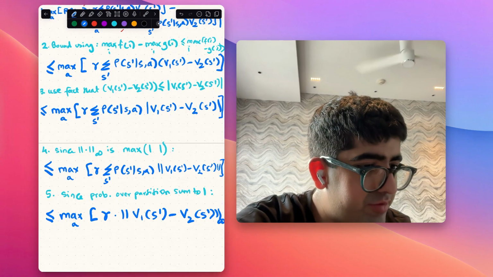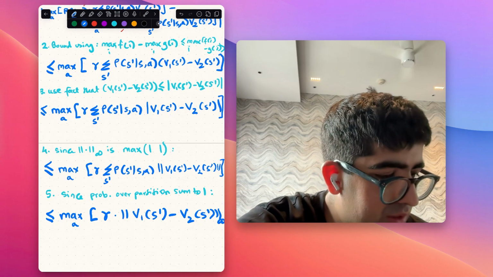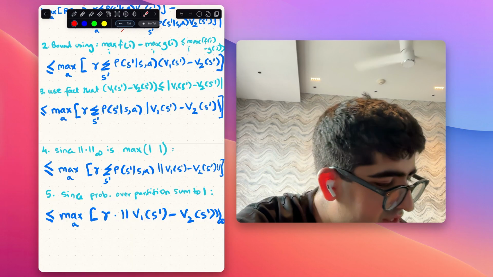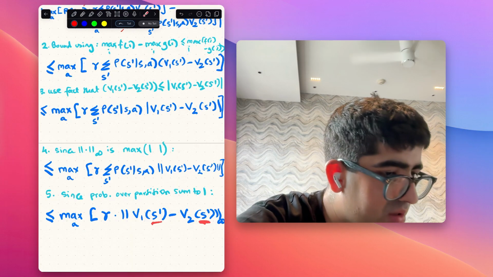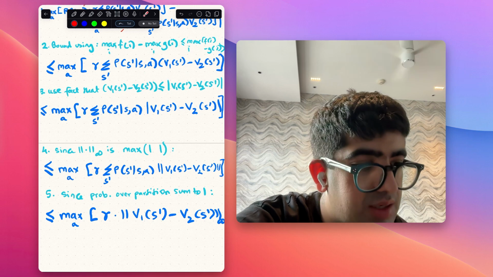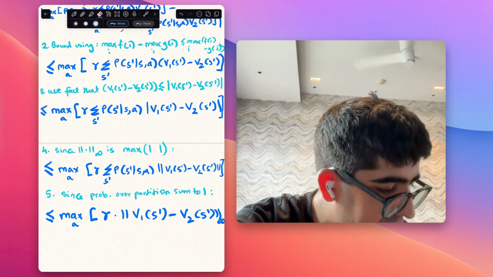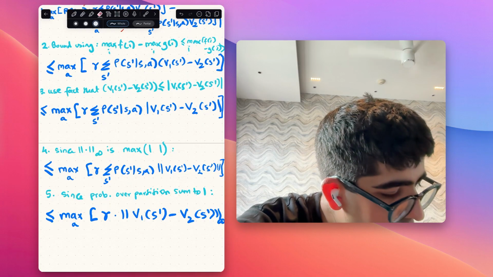But now that we have removed this sum of probabilities, we have this s prime, which no longer makes any sense in this expression. So we can simplify this further.